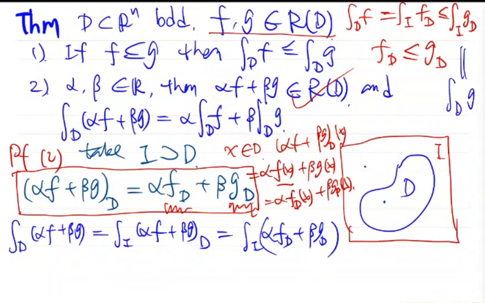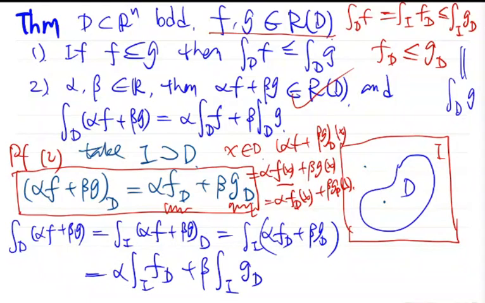And for integrals over a rectangle, we have the linear property, that is, the integral of the linear combination equals the linear combination of the integrals. So this is alpha times the integral of f over D plus beta times the integral of g over D, proving the theorem.